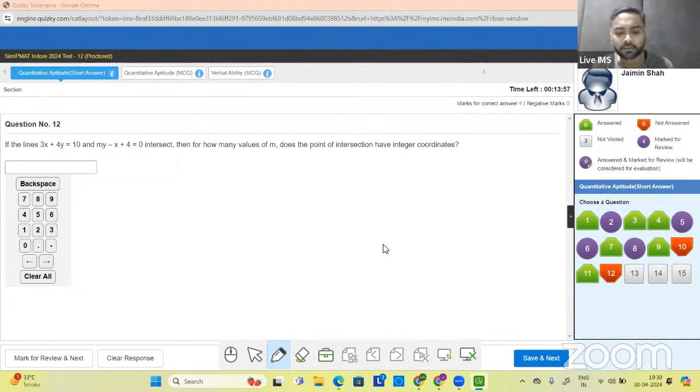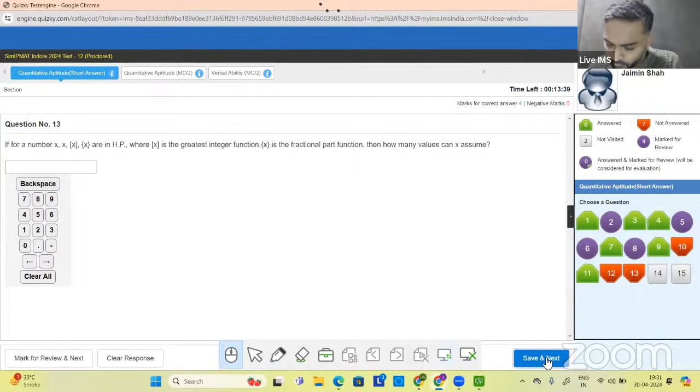Integer coordinate. Okay. ठीक है, आगे बढ़ते हैं.